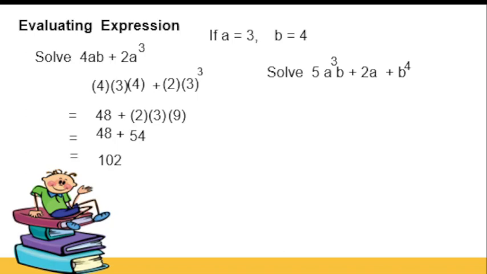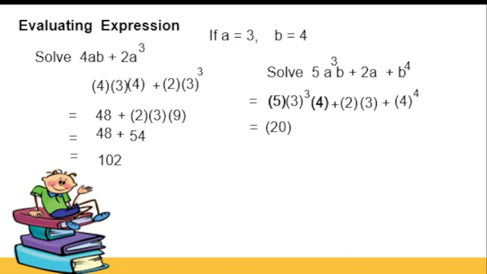So you have to substitute the value of a, so that is equals to bring down 5 multiplied by 3 raised to the 3rd power times 4 plus 2 times 3 plus 4 raised to the 4th power. Okay, so this time let us multiply first the 5 and 4. So 5 and 4, the product is equals to 20.